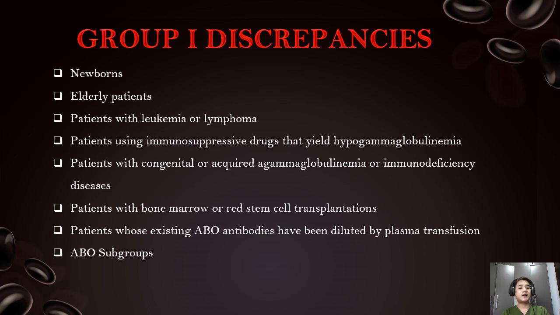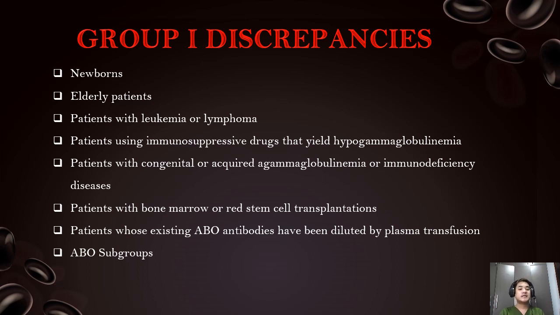And eventually after the recovery, they will start producing different RBC populations from that of the transplanted bone marrow. Patients whose existing ABO antibodies have been diluted by plasma transfusion may also result to a very weak agglutination reaction in the reverse grouping.